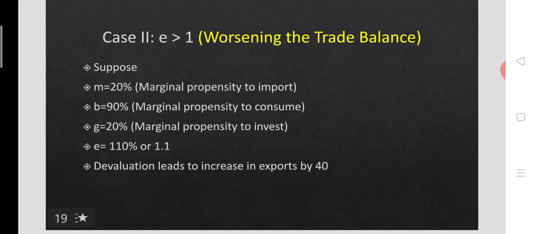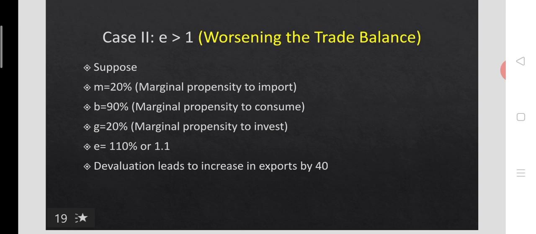Suppose M is equal to 20%, that is, marginal propensity to import is 20% or 0.2, and B, the marginal propensity to consume, is 90% or 0.9. G, the marginal propensity to invest, is 20% or 0.2.